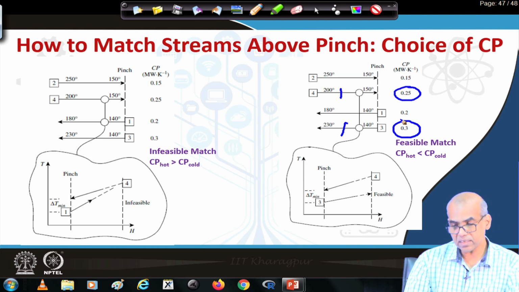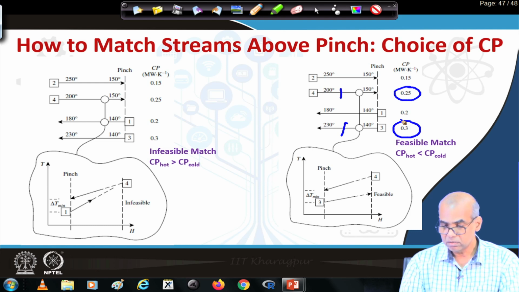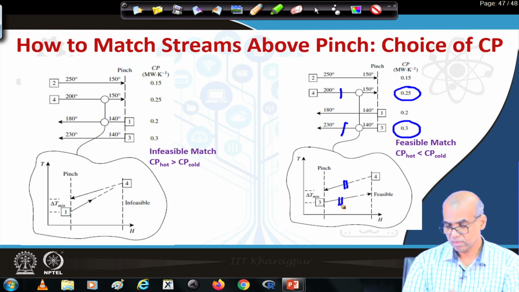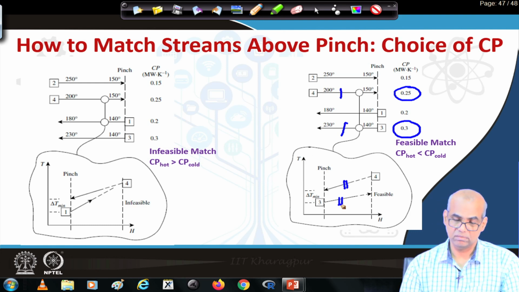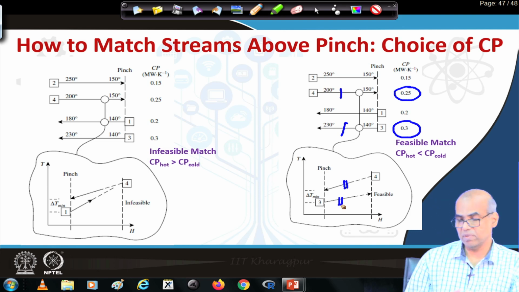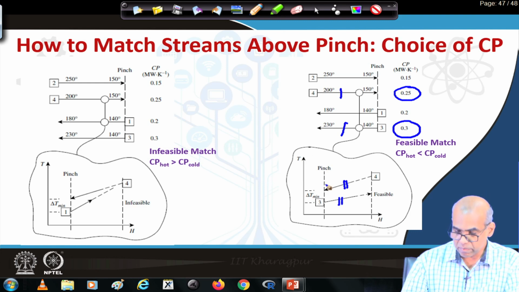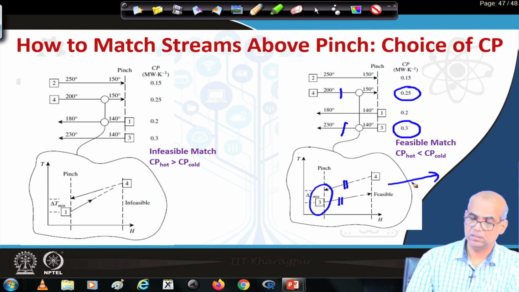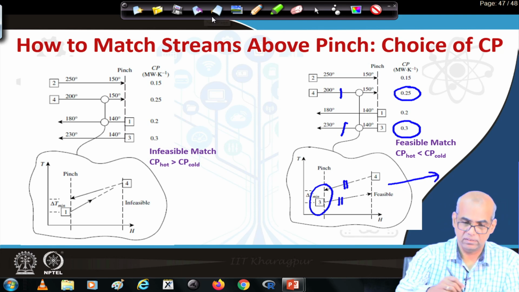So, Cp hot is less than Cp cold, and the slope of the hot stream is greater than the slope of the cold stream. Now, you see that there is no scope of converging these two streams to a point less than the delta T minimum value. The delta T minimum is maintained at the pinch. As we go away from the pinch, they are diverging only. So, this is a feasible match.